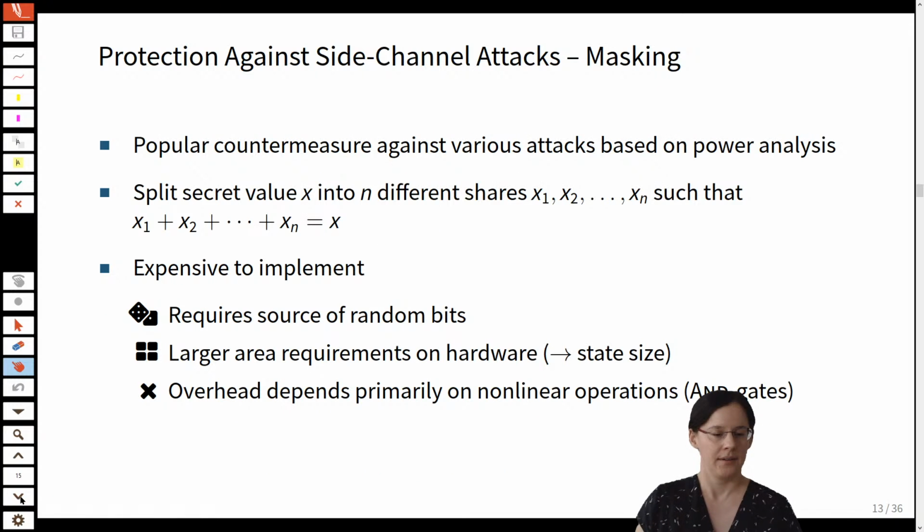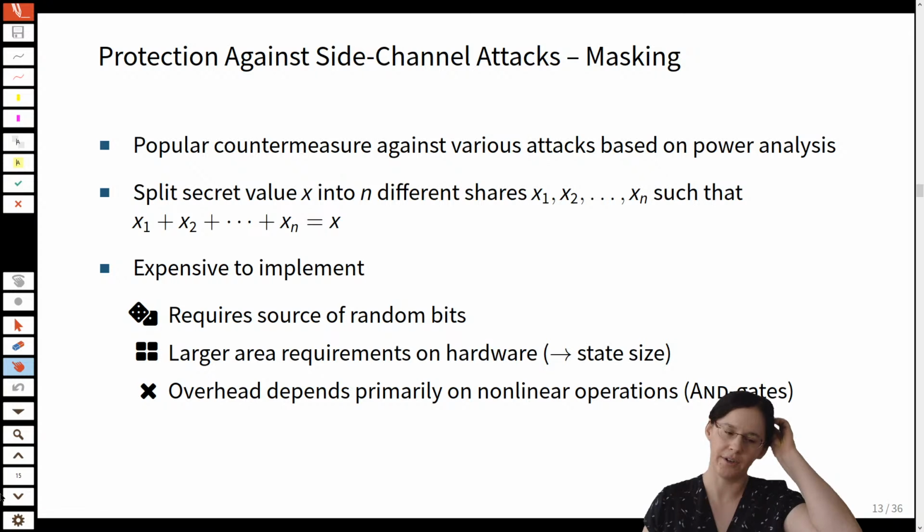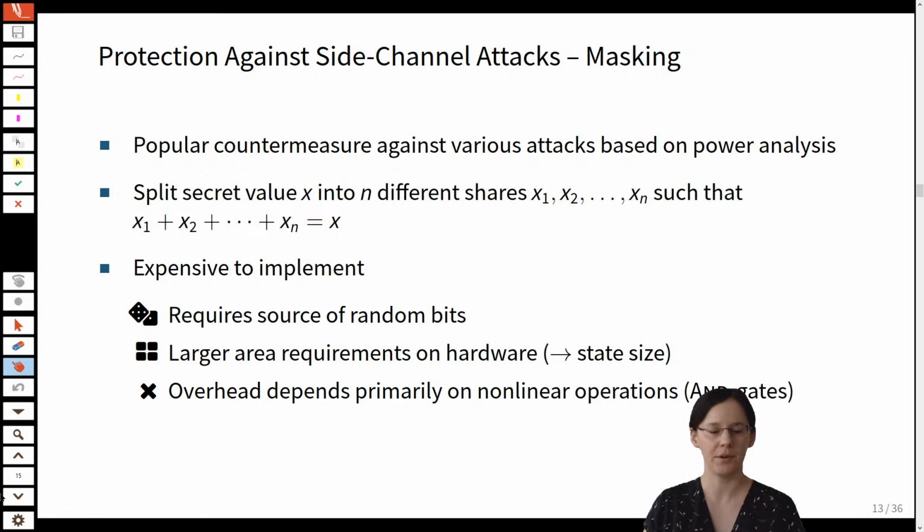To say a few more words about this masking approach, which you hear about more in other lectures: this is a countermeasure that protects against side-channel attacks where the adversary tries to measure the power consumption of the device while processing the secret key and tries to infer some information. The reason it works is that some of the gates will process some secret bits, such as the key, and the power consumption of these gates varies depending on the value of the key bit.